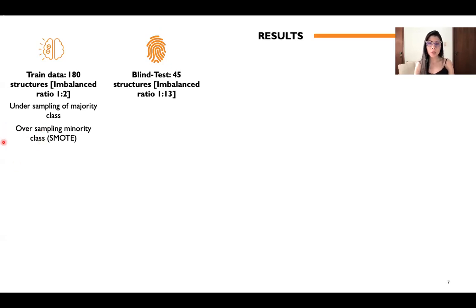And then we use an oversampling technique called SMOTE that synthetically creates epitope data points, but based on the existing ones. So with both strategies combined, we could decrease the imbalance ratio originally from 1 to 28, that was in the raw data points, to 1 to 2. So this improves the learning process.